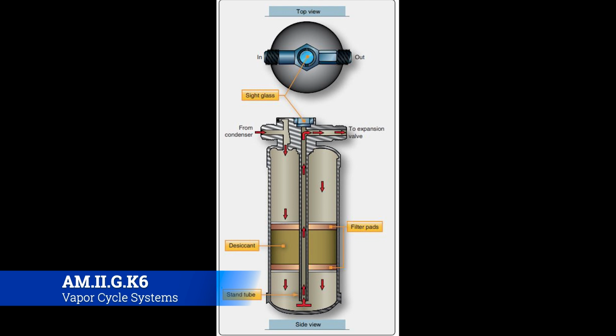It's going to take the R134 from the condenser, and there's going to be a desiccant in there that basically removes any water vapor that could potentially be in there, because this is a system that you want no water in whatsoever. And then once it goes through that, it'll filter it and push it back into a channel, and that will go into the expansion valve.